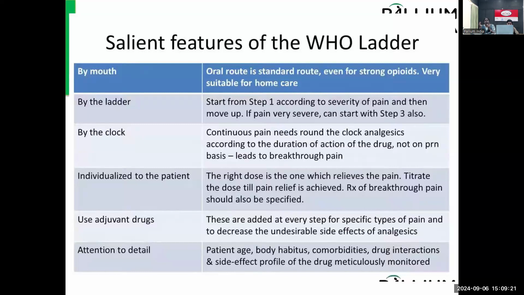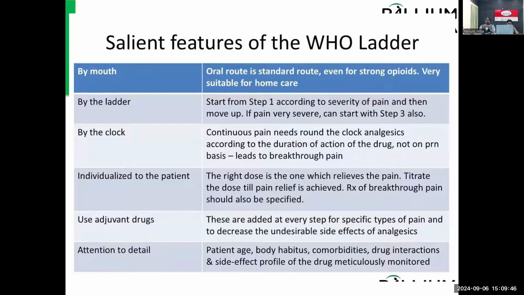The duration of action means the medicine remains in the blood plasma for only 4 hours. After that, the concentration decreases and the patient again complains of pain. So we give the medicine round the clock, and only then does the patient have adequate pain relief.